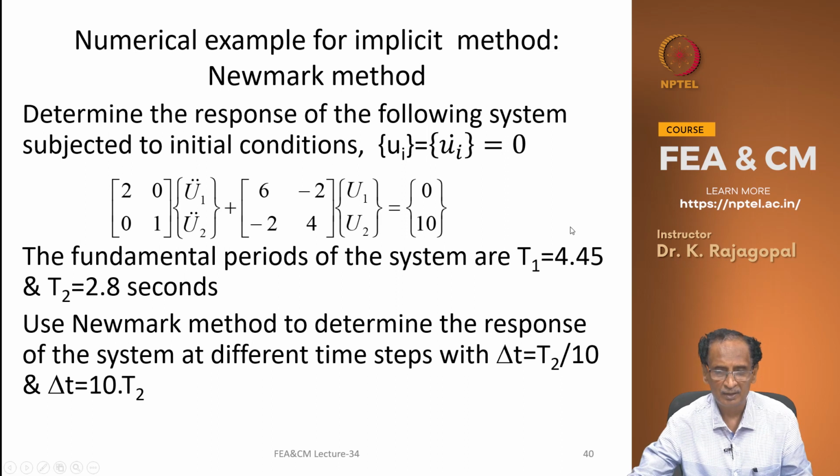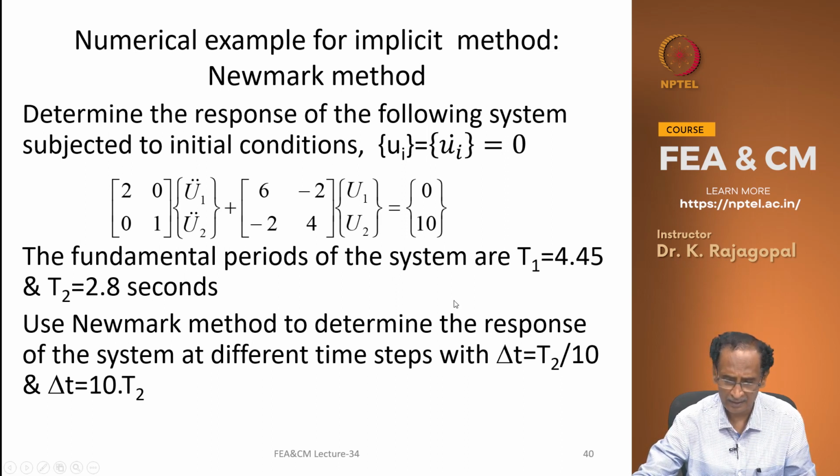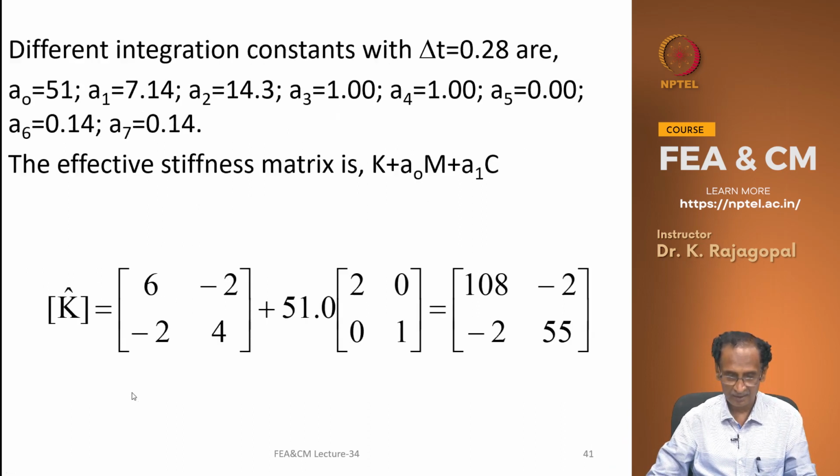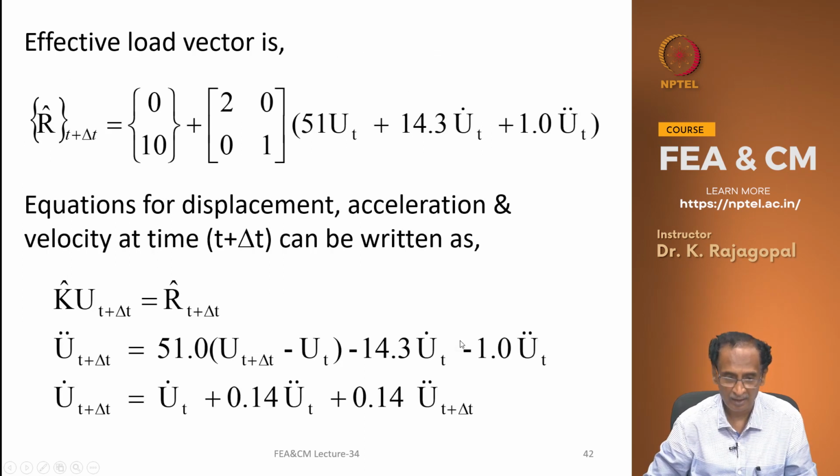And now let's look at Newmark's method, and let's solve with delta t of T2 by 10, that is 0.28, and then 10 times the T2, that is 28 seconds. These are all the constants a0, a1 and so on, and the effective stiffness matrix k hat is this, and the right hand side load vector is like this.